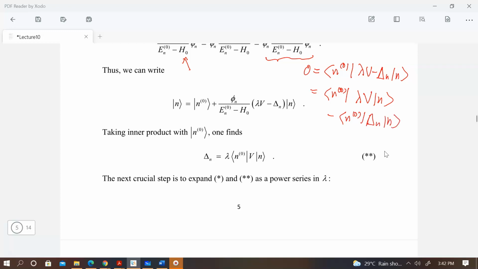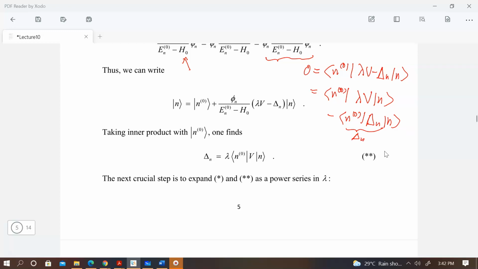But delta n, remember, is just the difference between the perturbed eigenvalue and the unperturbed eigenvalue. Okay, so it's just a number, so you can bring that out front. So this one becomes delta n, or I can rearrange this equation.